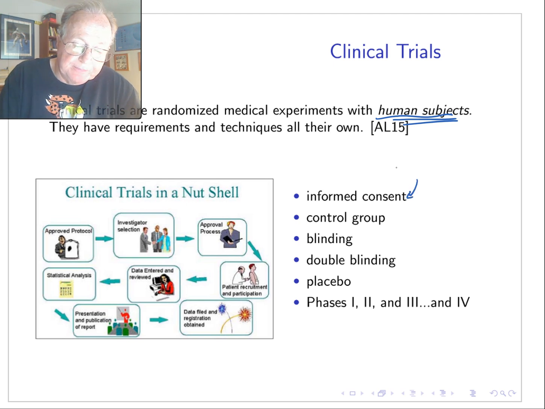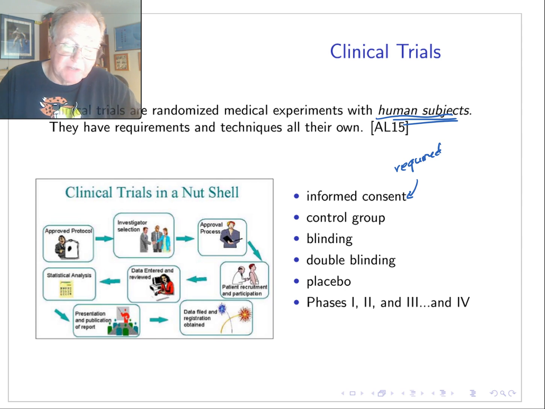So this is required in all civilized countries. Basically, it is the idea that no one should have a treatment applied to them unless they know its possible effects, and also that they may cease participating in the experiment at any time.